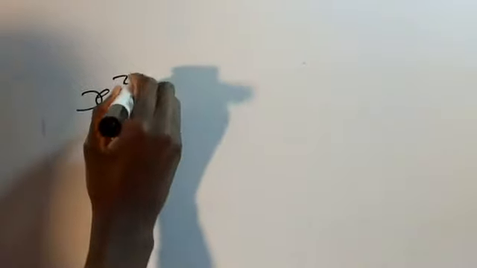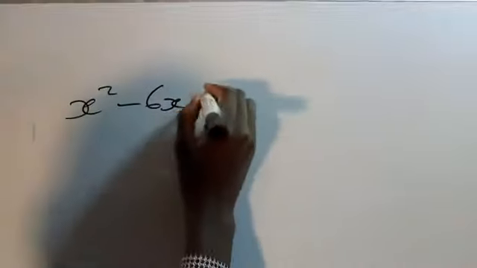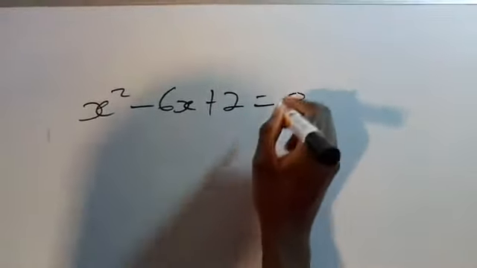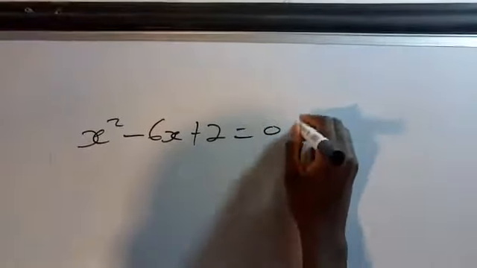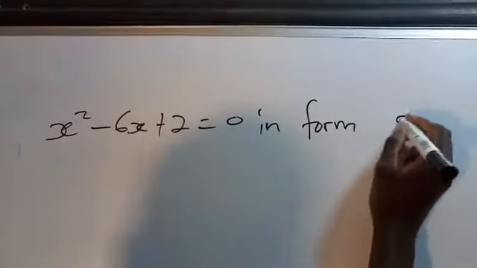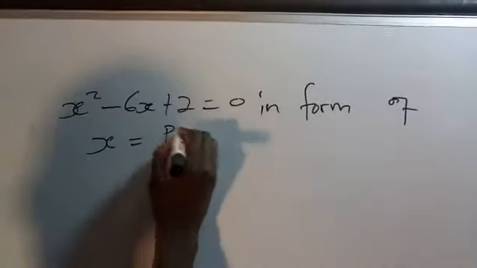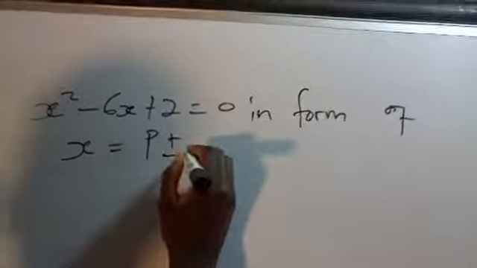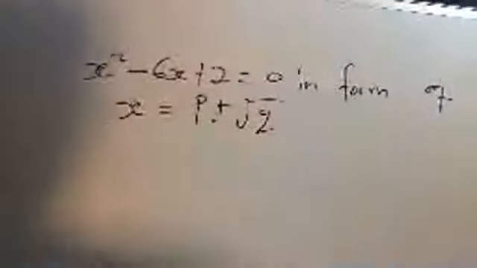They can give us an equation like this: x squared minus 6x plus 2 equals 0, to put it in the form of x equals p plus or minus root q.